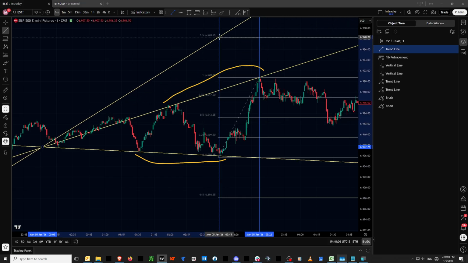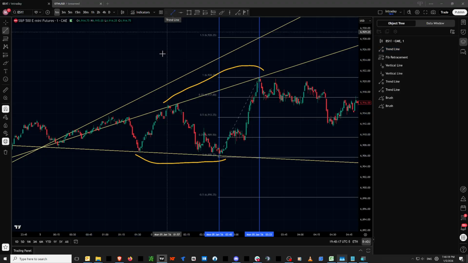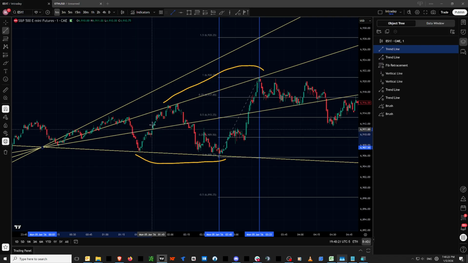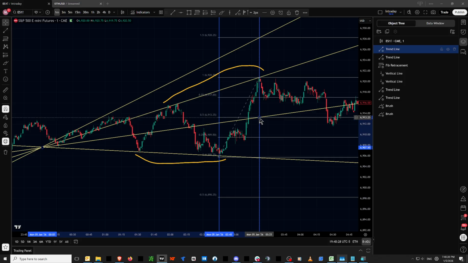And I'm going to move this to the right to that 1.5. There. See that 1.5? Again, from the vertex to the interior 1.5.